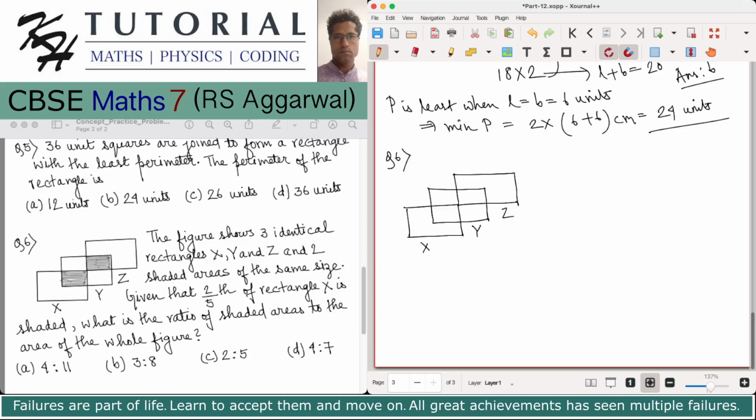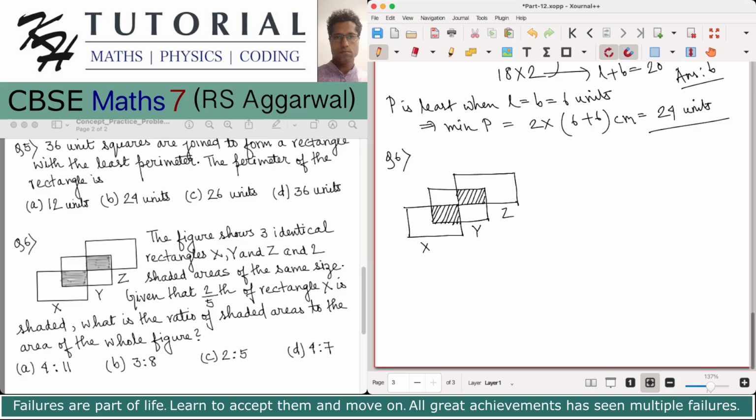So if you add the area of X, Y, and Z for the whole figure, then this part will be considered twice, and also this part will be considered twice in the area.